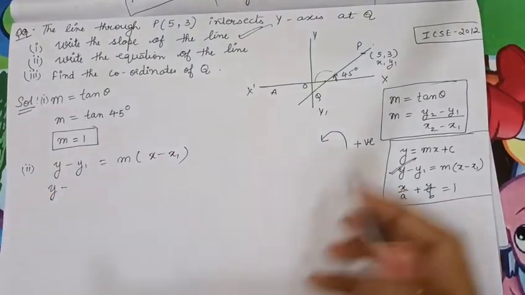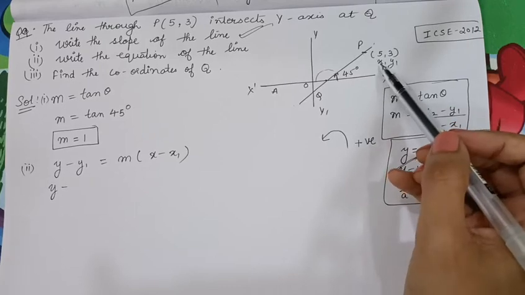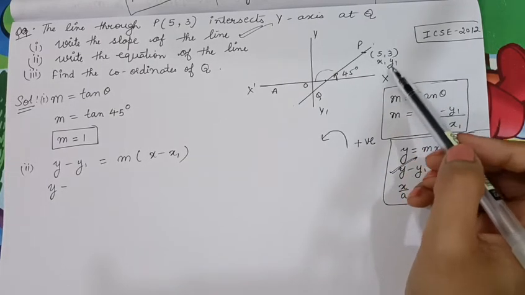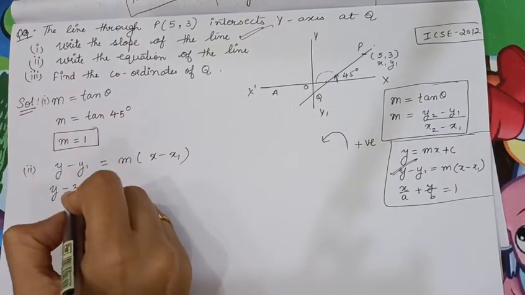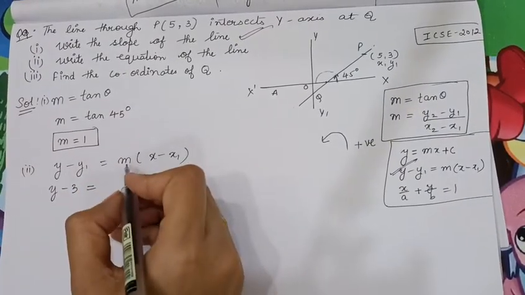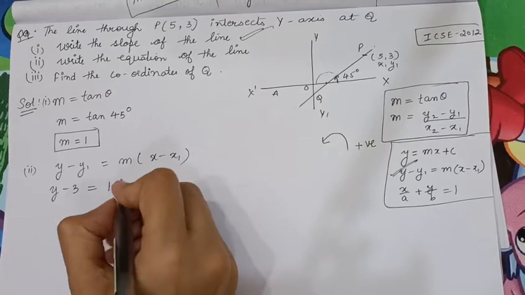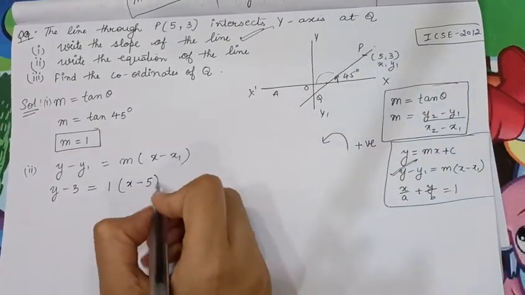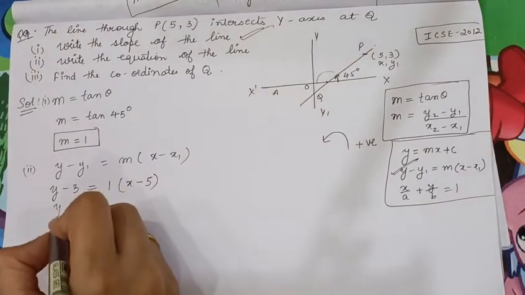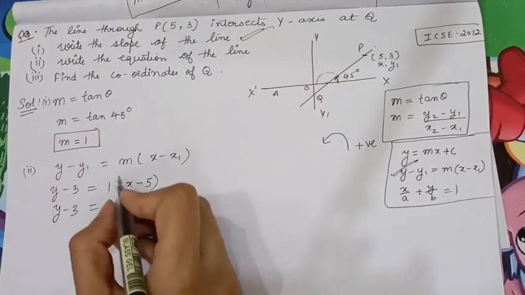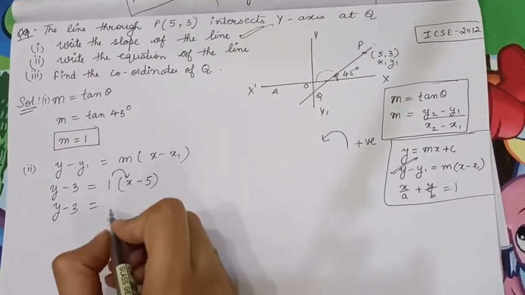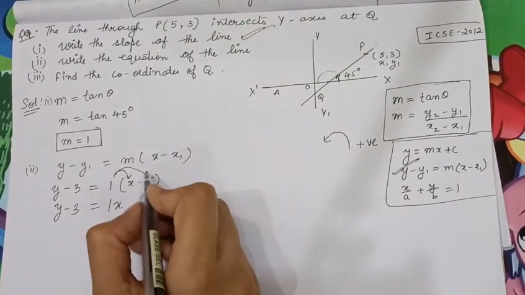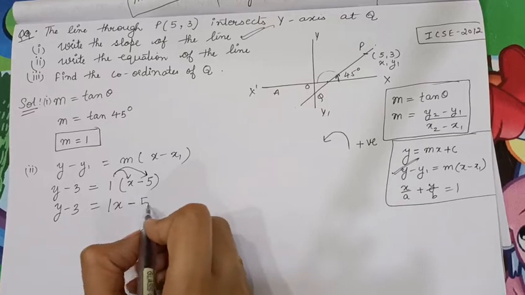Here x1 is 5 and y1 is 3, and the slope's value is 1. So y minus 3 equals 1 into x, or 1x, same thing, 1 into minus 5 is minus 5.